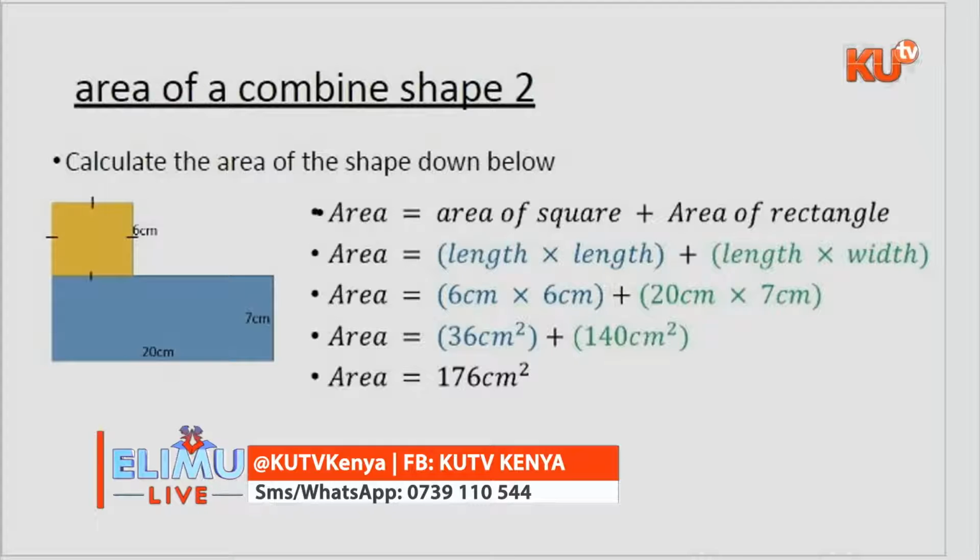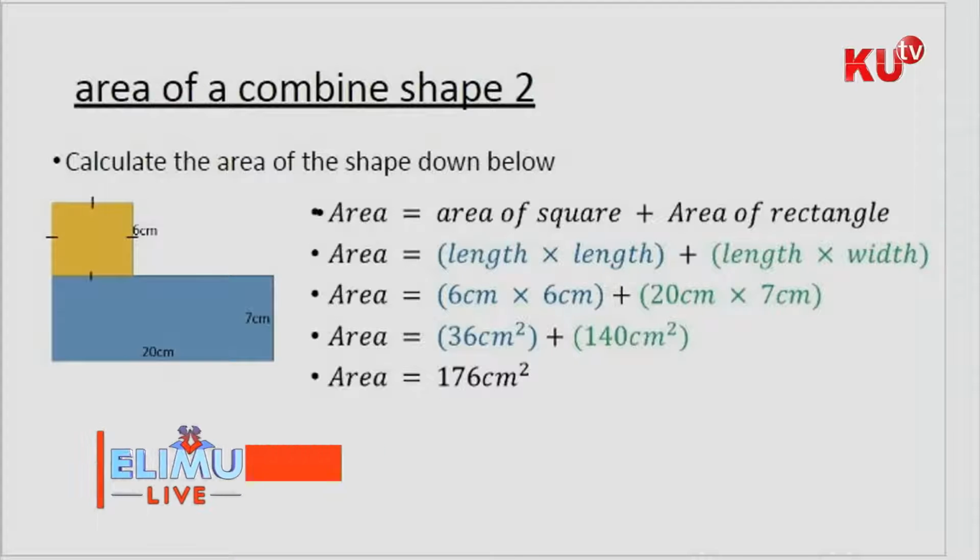As you can see clearly, we have the square, we have the rectangle. So to find the area of the square, we have said the area of a square is length times length, plus the area of a rectangle. The area of a rectangle is equal to length times width.